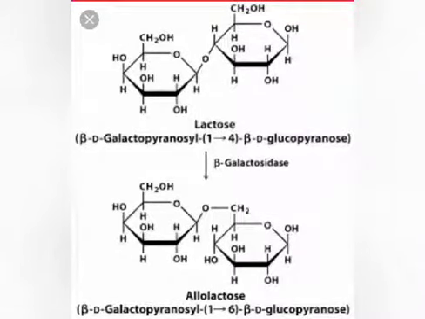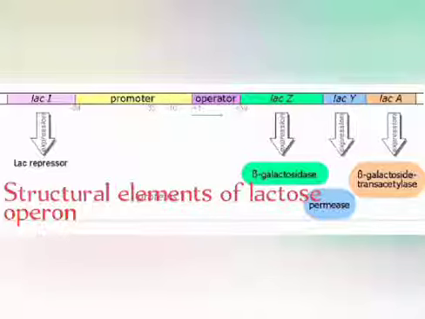Although glucose is utilized preferentially as carbon source for most bacterial cells, when glucose is not available or when the cells are starved of glucose, the available lactose is effectively utilized through the activities of the enzymes encoded by the three structural genes on the operon. The three structural genes are designated as LacZ, LacY, and LacA.